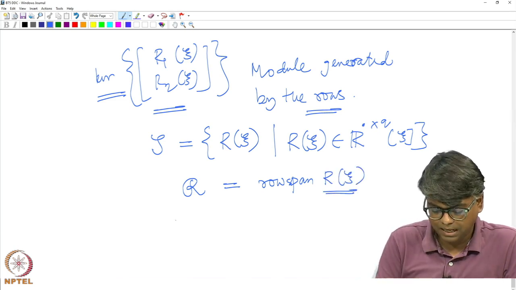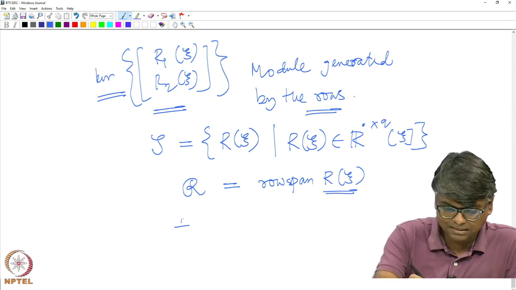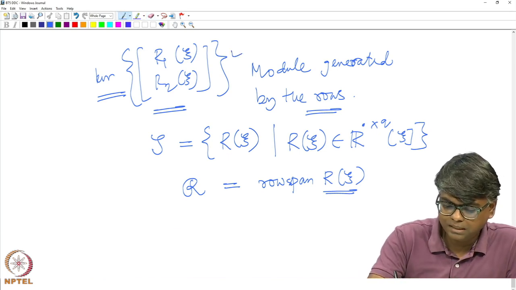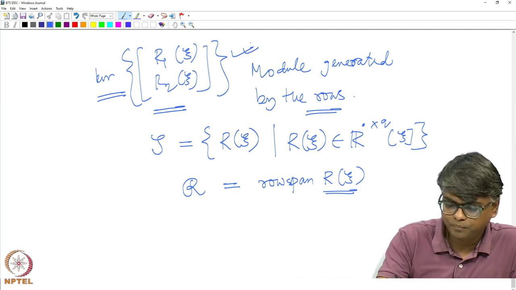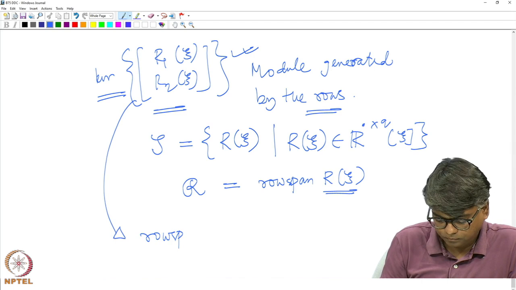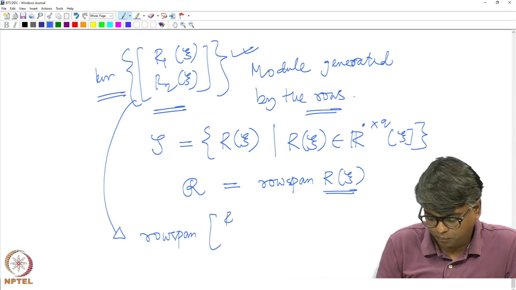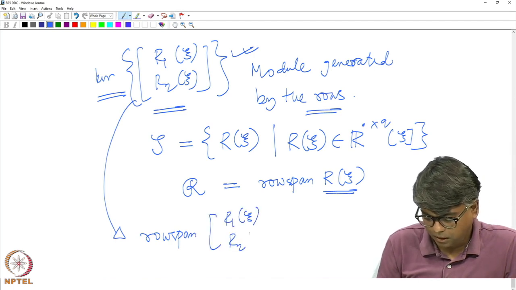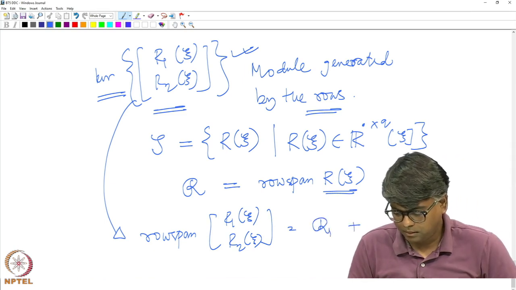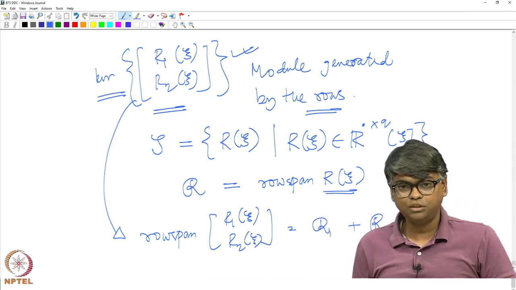What we are asking is, if we look at the sum, the row span of R1 xi and R2 xi is in fact R1 plus R2, the sum of these two submodules.